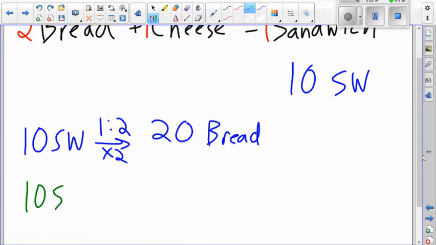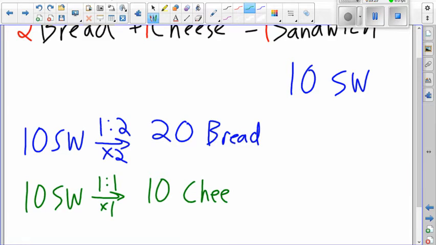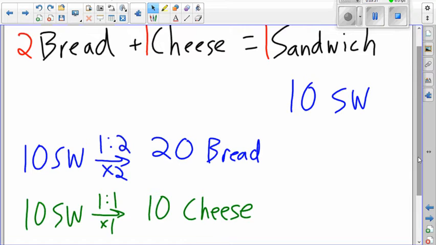So like, all right, 10 sandwiches, it's in a 1-to-1 ratio of cheese, so that means I need 10 slices of cheese. And so you worked backwards, starting with 10 sandwiches both times in 2 separate calculations, to find out how much of each ingredient you need.